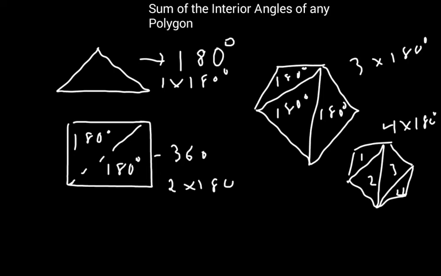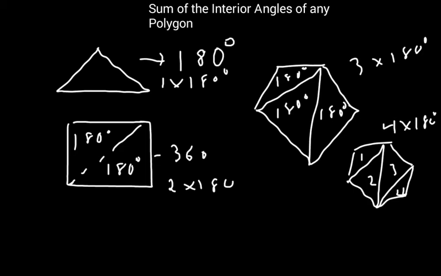But you may have noticed a pattern. You take the number of sides, 3 sides in a triangle, and you have one 180. With 4 sides, there are 2 180s. With 5 sides, there are 3 180s. 6 sides, there are 4 180s, which leads to the formula: if you take the number of sides and compare it to the number of triangles you can make, there are always 2 fewer triangles than the number of sides.